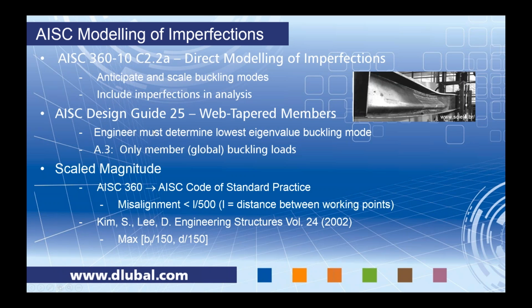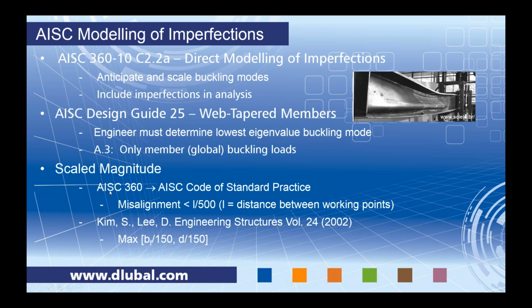This also tells us that the engineer must determine the lowest eigenvalue buckling mode. Pretty similar to a lot of the other references in A.3, Design Guide 25 really only addresses member or global buckling loads. There isn't a whole lot of information on local buckling modes.